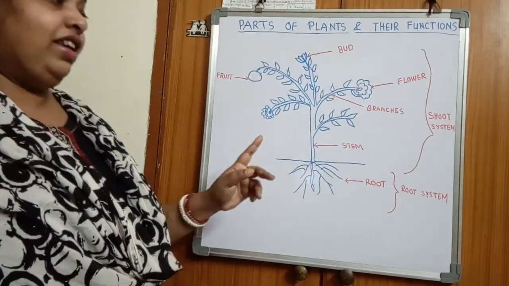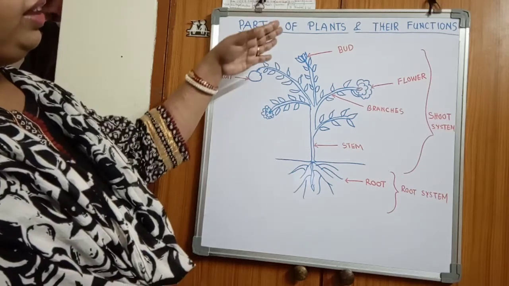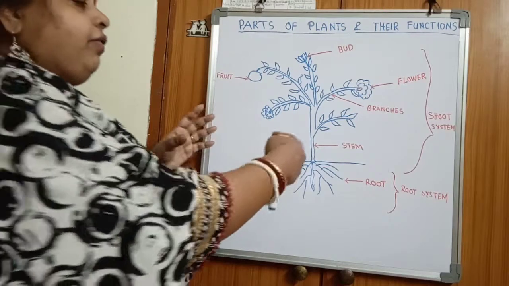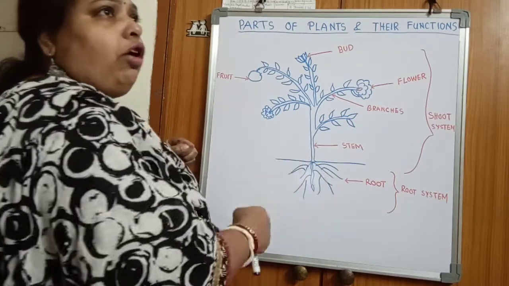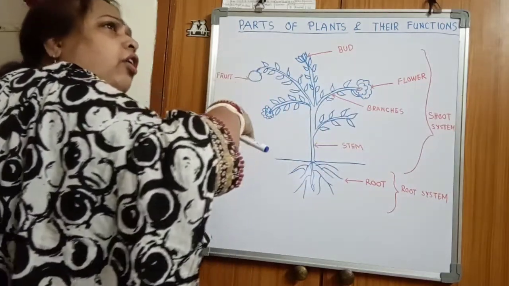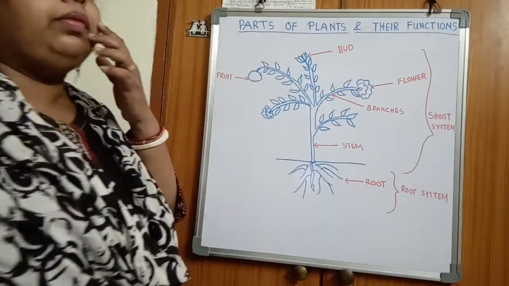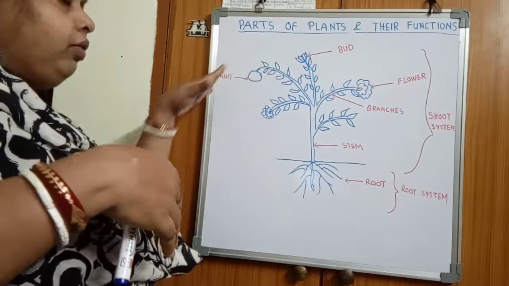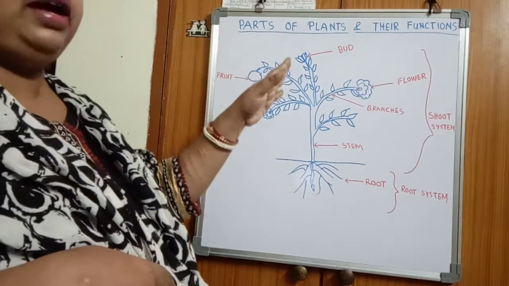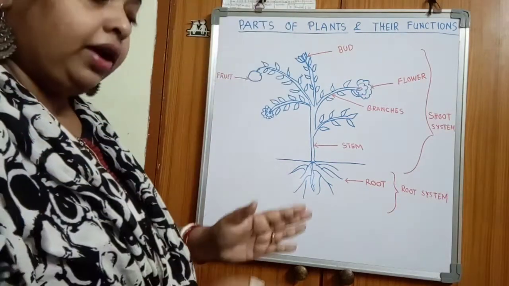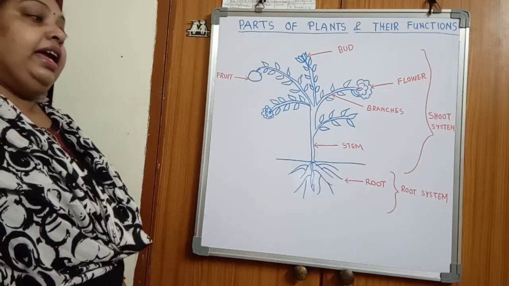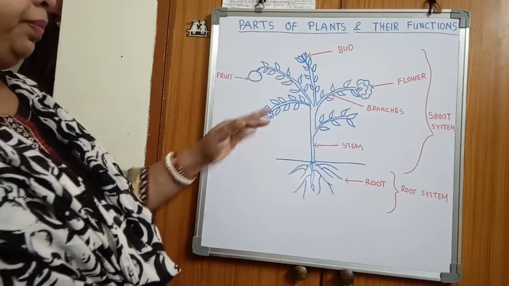Our second function is this. We have seen that the tree is standing straight and something is fixing the tree to the soil. It's not bending or falling. If a strong wind comes, sometimes it just goes down and again it comes up, but it remains on the ground only. How is this happening?